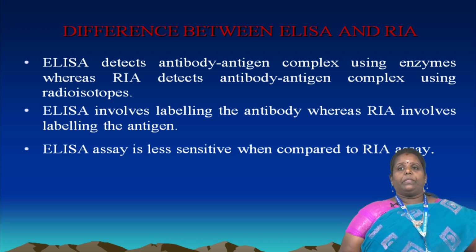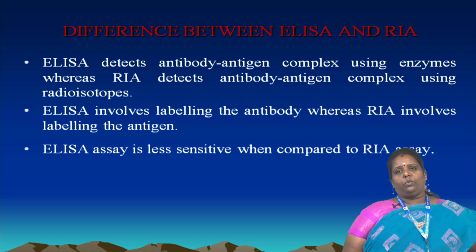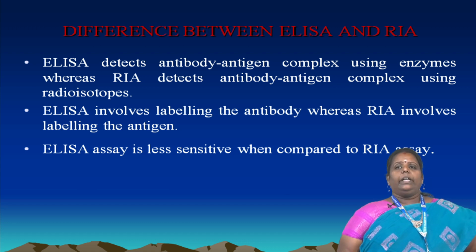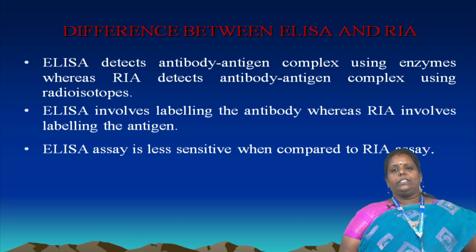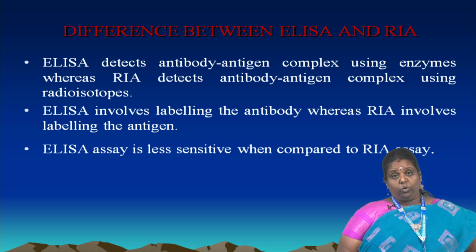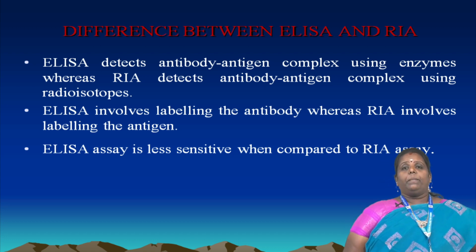ELISA involves labeling the antibodies only, whereas RIA involves labeling the antigens only. ELISA is less sensitive compared to the RIA assay. ELISA is easier to perform, but RIA is a little bit difficult to assess.